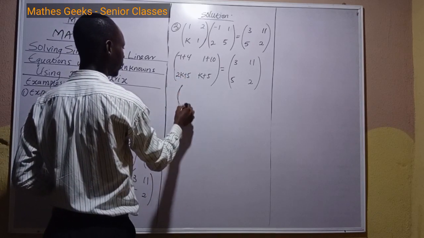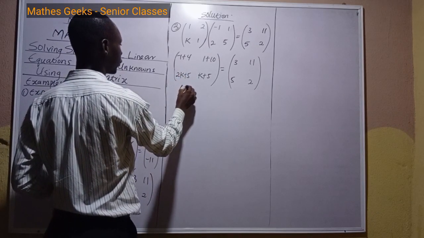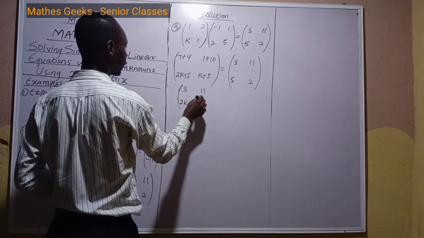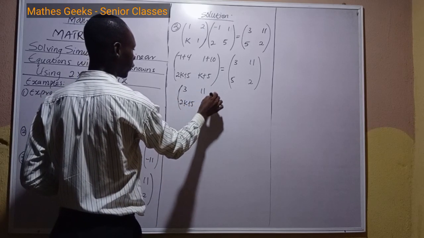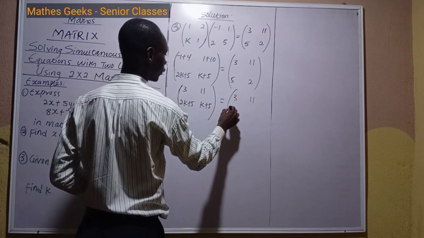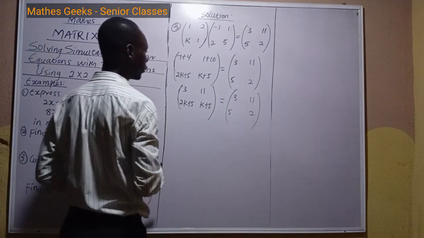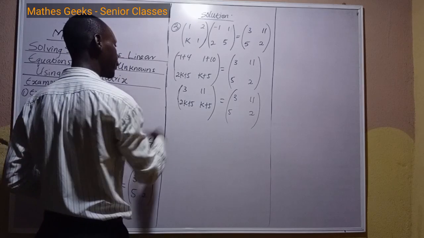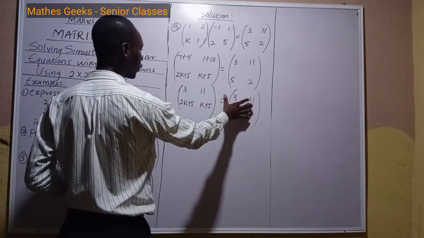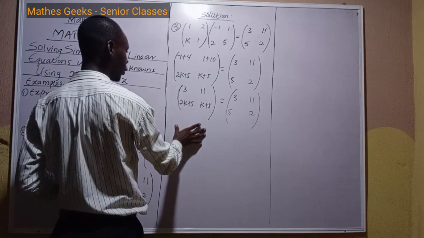Minus 1 plus 4 is equal to 3, and 1 plus 10 is 11. If you look at it, when you compare entries, 3 is equal to 3 and 11 is equal to 11. This shows that the equation is correct.